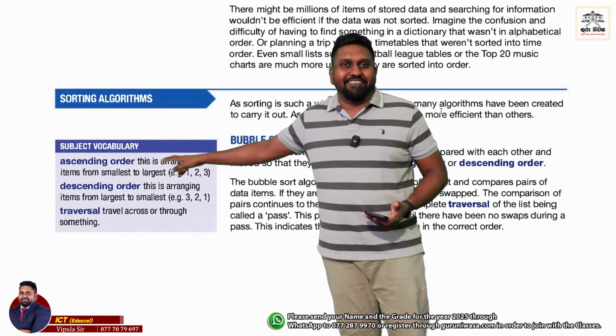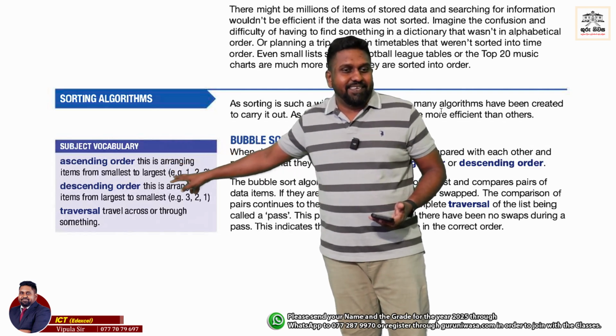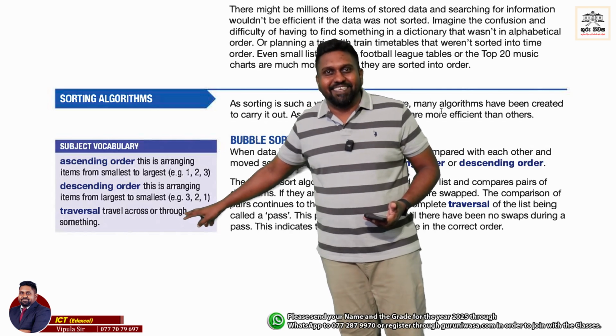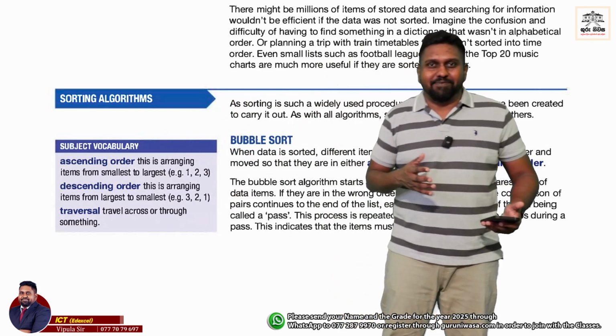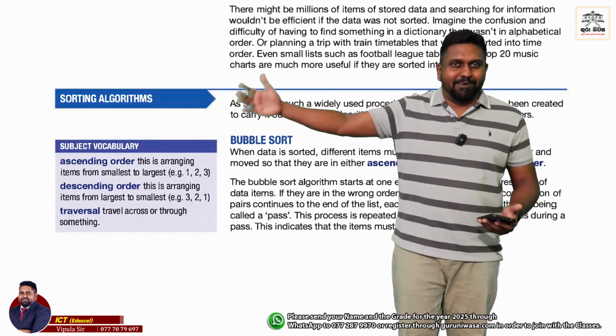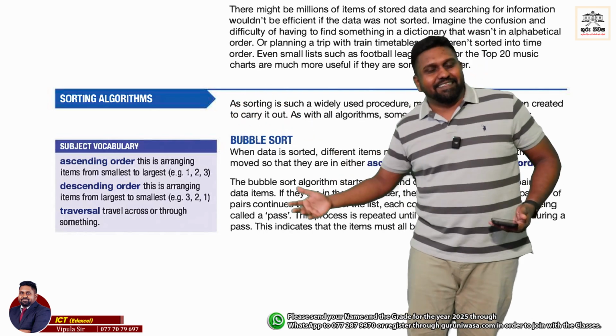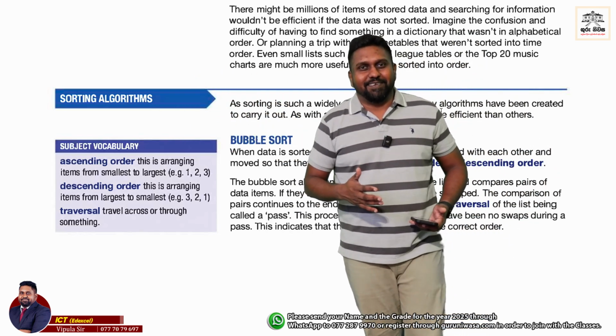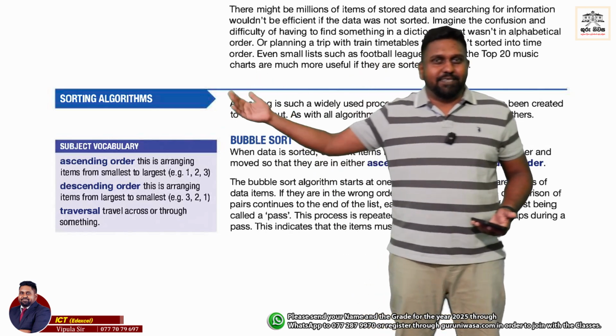In this case we have the ascending order, the descending order, and also a point called traversal. Ascending order is obviously 1 to 3, and descending order goes from the largest number to the lowest number. Ascending is lowest to highest, descending is highest to lowest.